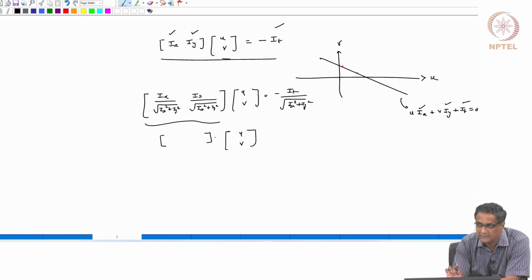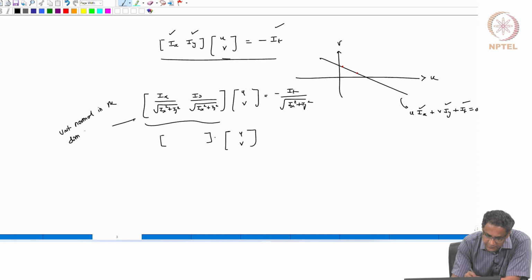This is the spatial intensity gradient, and you are normalizing it by its length. So this will be the unit vector in the direction of the brightness gradient at that location. So this is the unit normal in the direction of the brightness gradient.